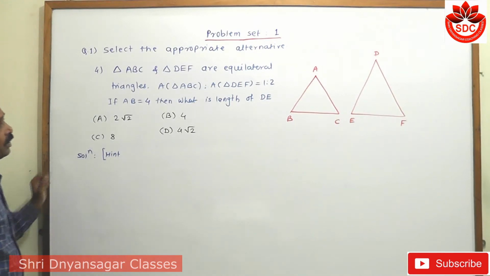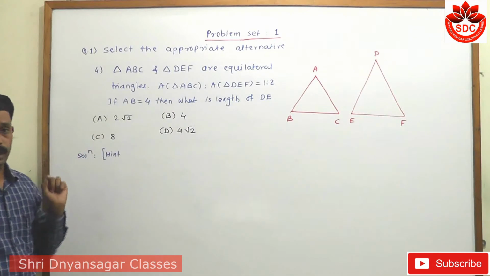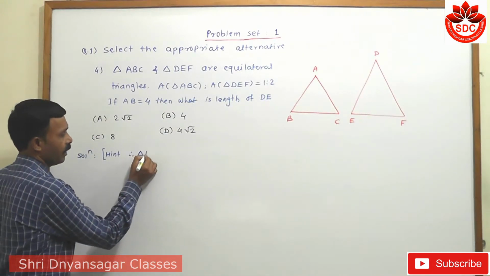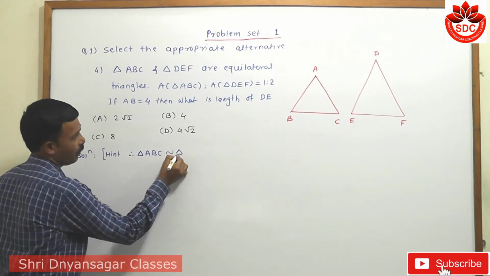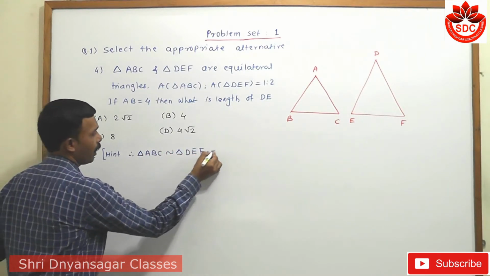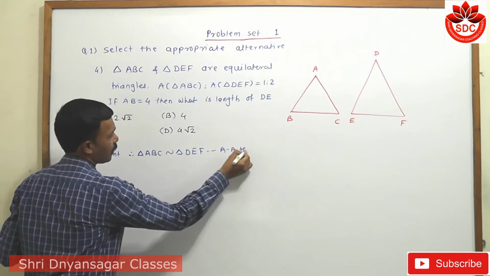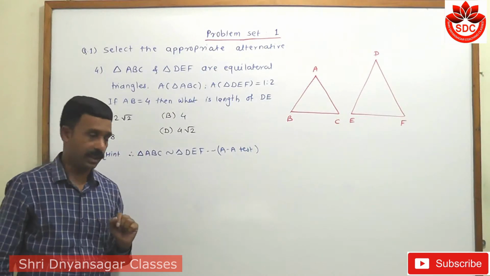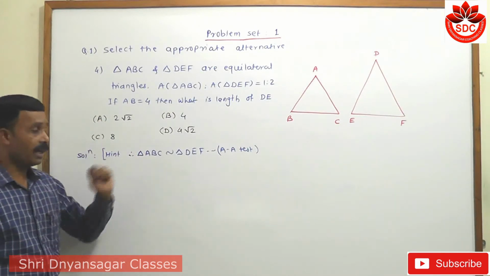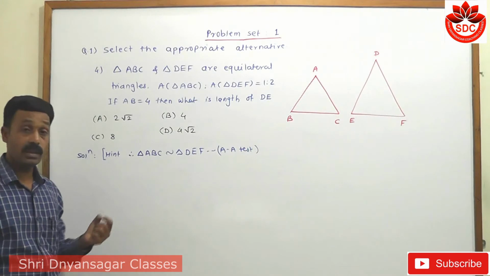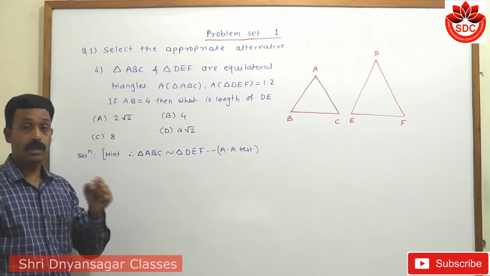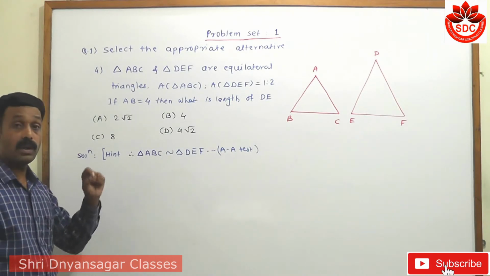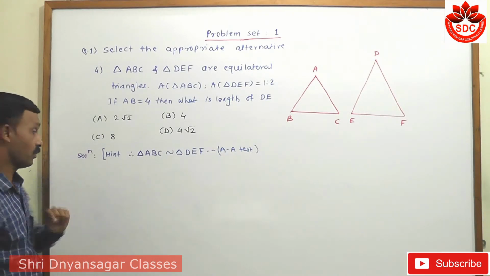Now look carefully. These two triangles are equilateral triangles, so they are similar. Therefore first I directly take triangle ABC is similar to triangle DEF by the AA similarity test, because all angles of an equilateral triangle are 60 degrees. Now if these two triangles are similar, then by the theorem of areas of two similar triangles, the ratio of their areas is equal to the ratio of the squares of corresponding sides.